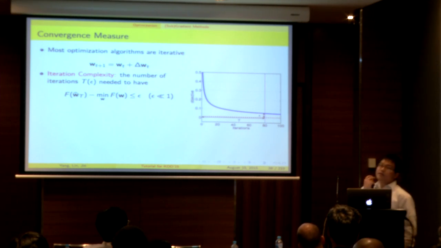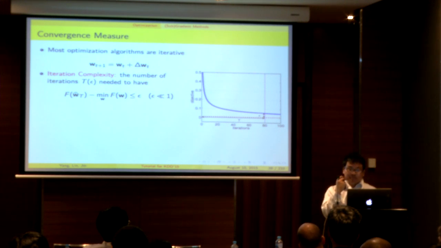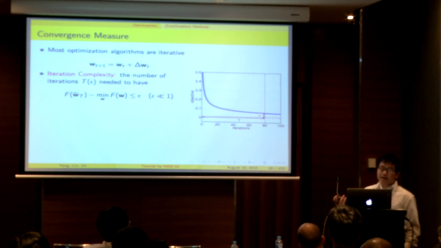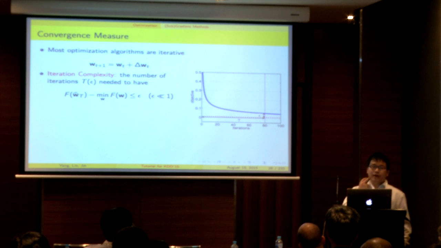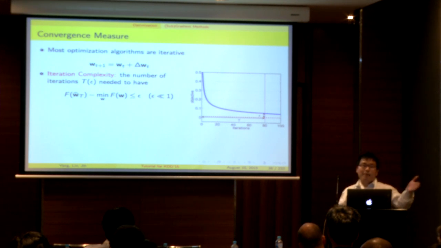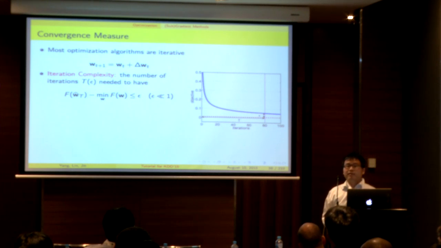So it really depends on how much computational budget you have, or how much time you want to spend solving these optimization problems, or also on your tolerance to this epsilon. So you may determine how many iterations you need to run. Suppose you are satisfied with a large epsilon, you just run a few iterations and get a solution quickly.